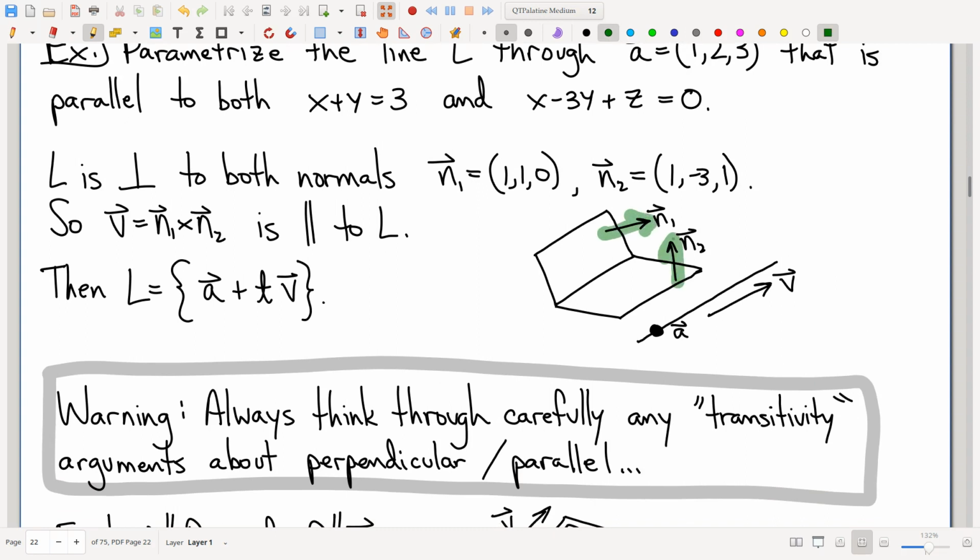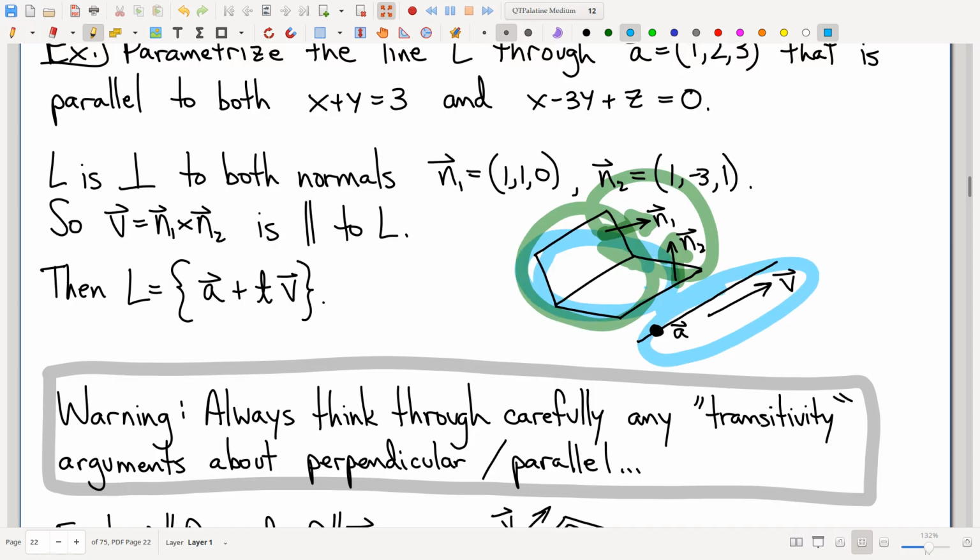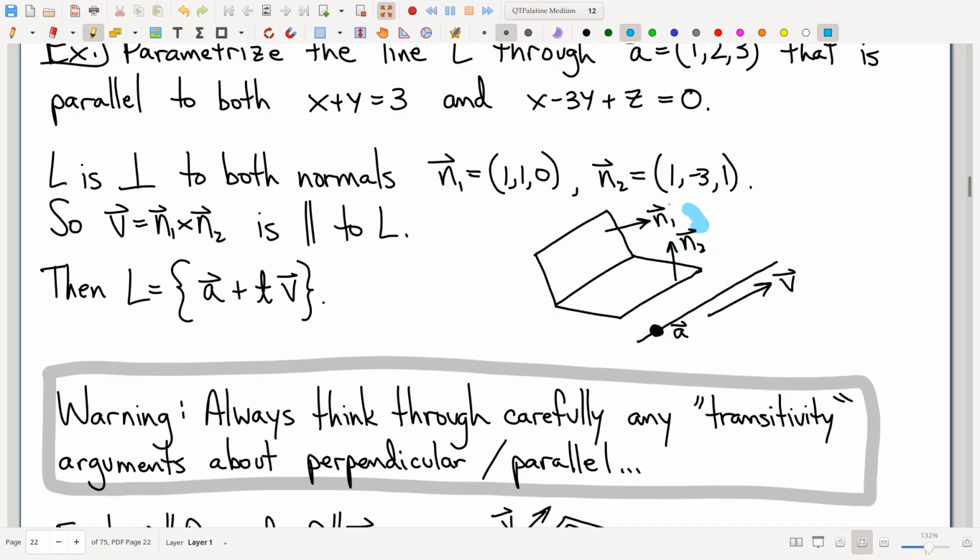So likewise with this other question, I started with these two vectors, and I know that they are perpendicular to the planes, and I know that the planes are parallel to the line, and therefore the vector I'm interested in. Again, sort of a transitivity. The normals relate to the planes relate to the vectors, connect the dots, and I draw a conclusion about how these normals connect to that vector.